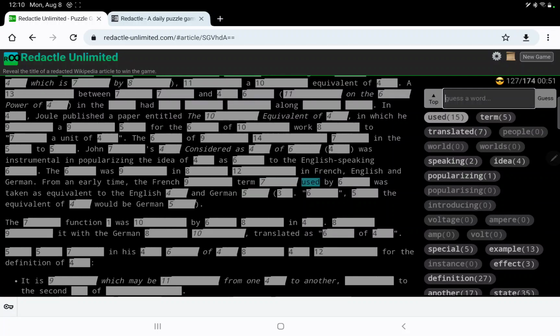Used by somebody was taken as equivalent to the English 4 and the German 5. And then we have 3 in parentheses. Oh yeah, that was this other language, I think. Something 6, 5, the equivalent where.